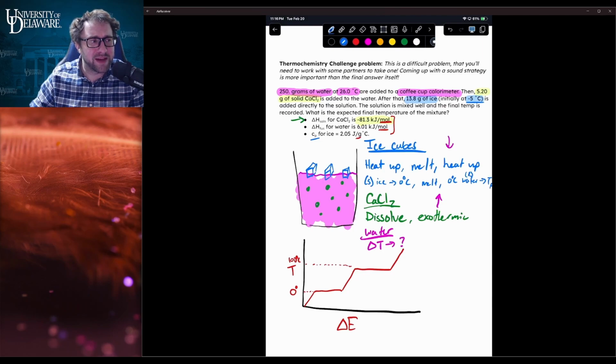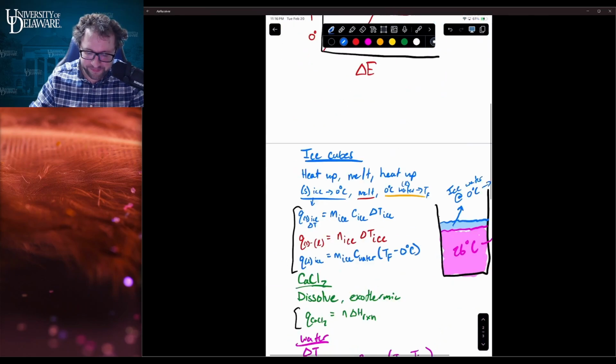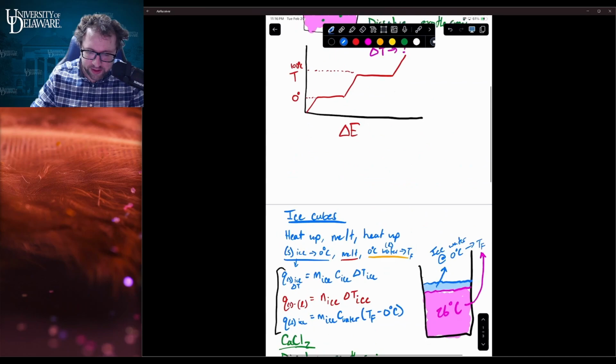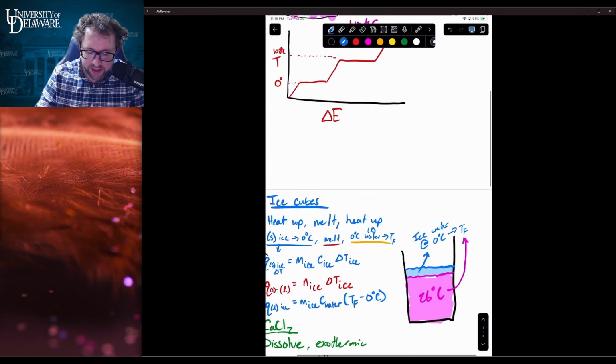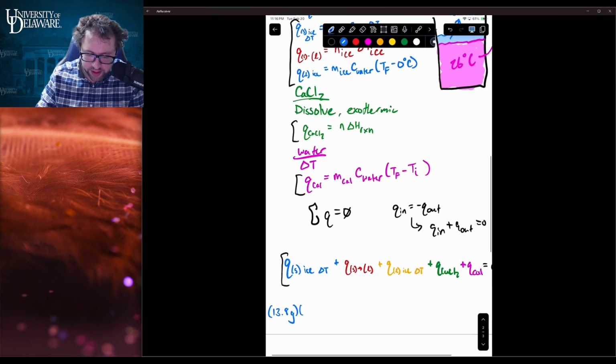If you have a solid versus a liquid versus a gas, you have different amounts of intermolecular forces in there, so you need different amounts of energy to break things up. So from there, we can see that the CP of ice is 2.05 joules per gram, and we are going from negative 5.0 degrees C to 0 degrees Celsius.